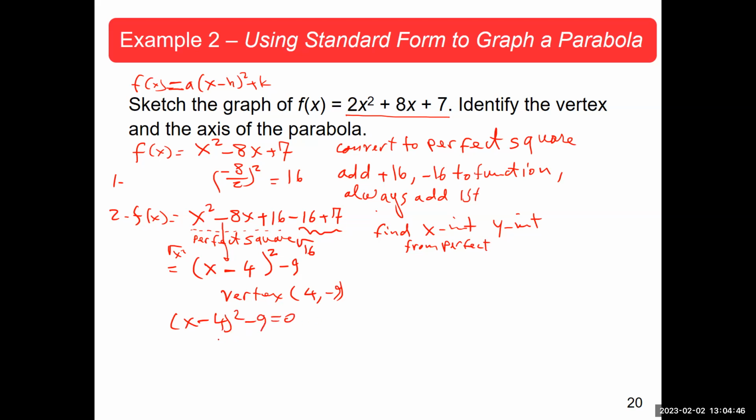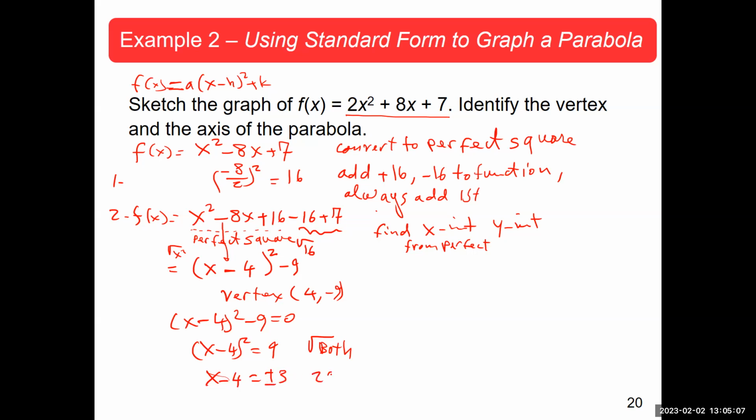Take the 9 to the other side. x minus 4 squared equals 9. Now take the square root of both sides. x minus 4 equals positive or negative 3.